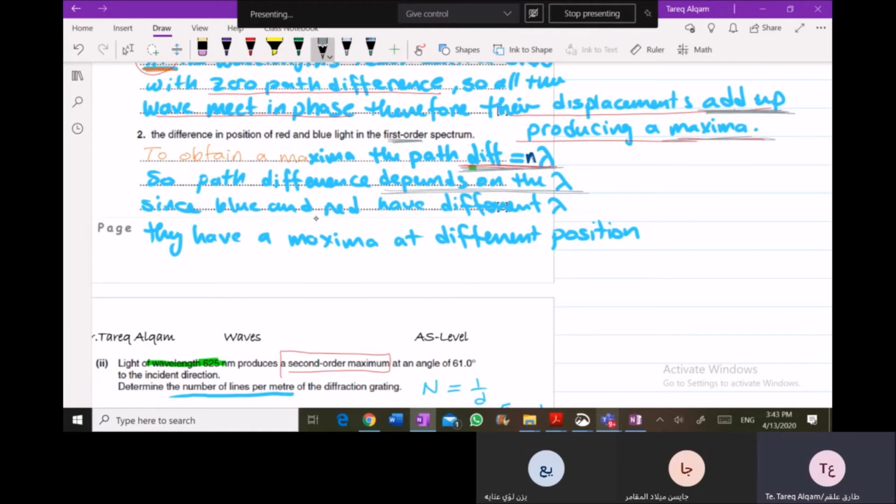Since blue and red have different lambda, they have maxima at different positions. As we saw at A, we have a maximum for the blue, but for the red it was a minimum. At this position we see the blue, but we did not see the red. Clear?